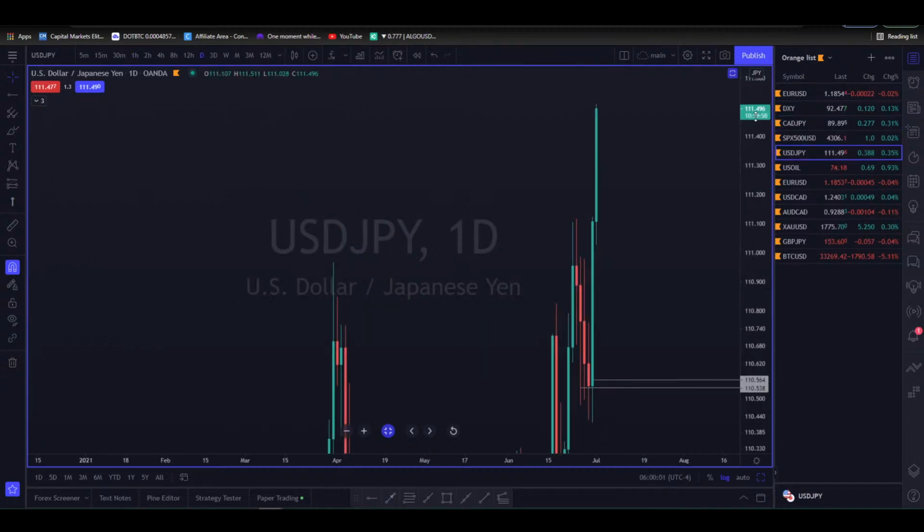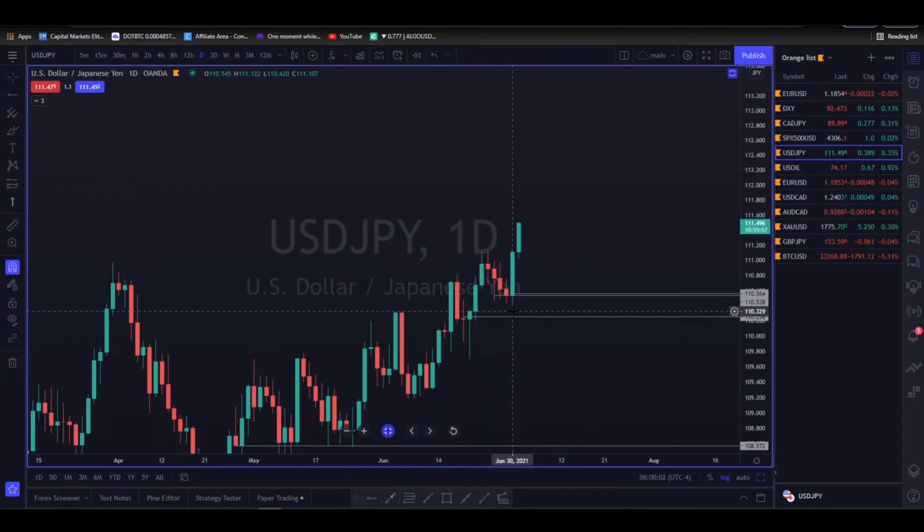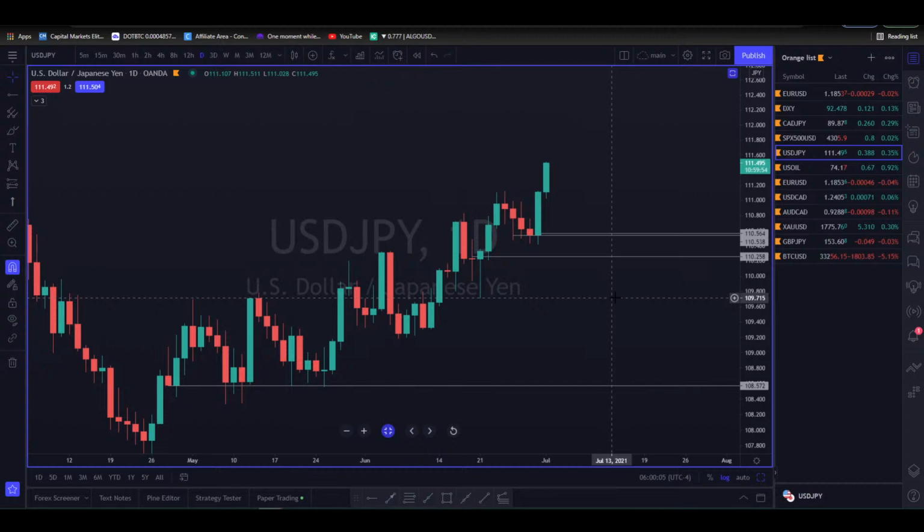Look at USD yen. I took a trade on this thing the other day, and it was a good trade. It was a small trade, and then I took profits, and then I got stopped out. So yesterday was the day I should have taken the trade, because yesterday was the day you had a big range expansion day.